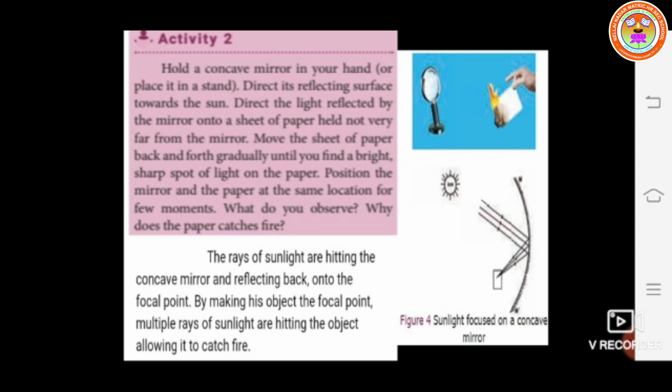By making the object sit at the focal point, multiple rays of sunlight hit the object, allowing it to catch fire. Multiple sun rays are focused at a single point, so the paper catches fire.